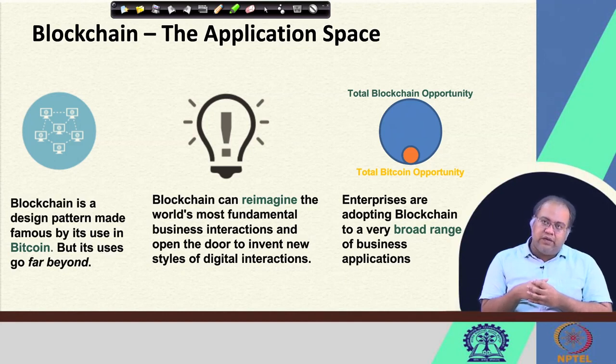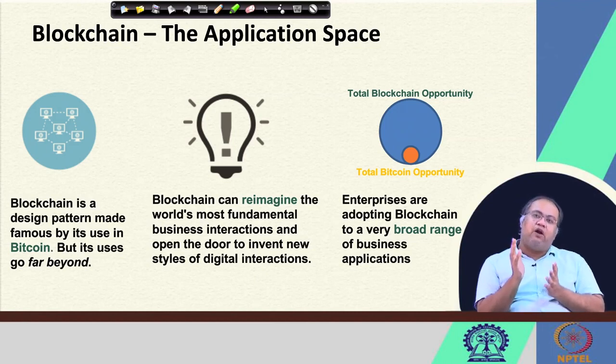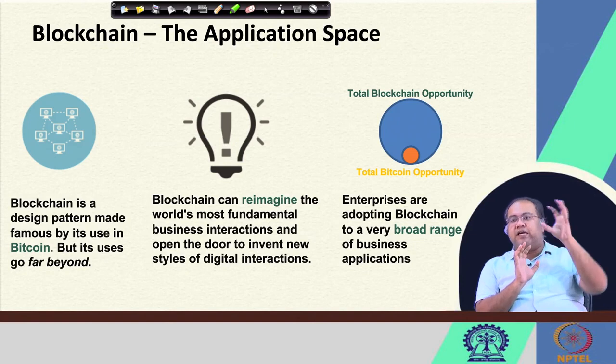Using blockchain, you can reimagine the world's most fundamental business interactions and open the door to invent new styles of digital interaction. The business models people followed before blockchain were more of a centralized architecture.